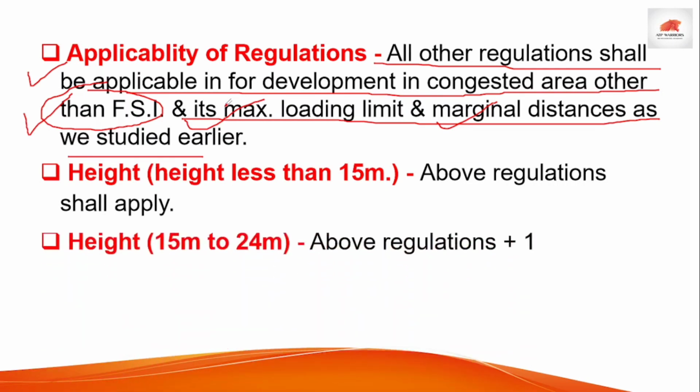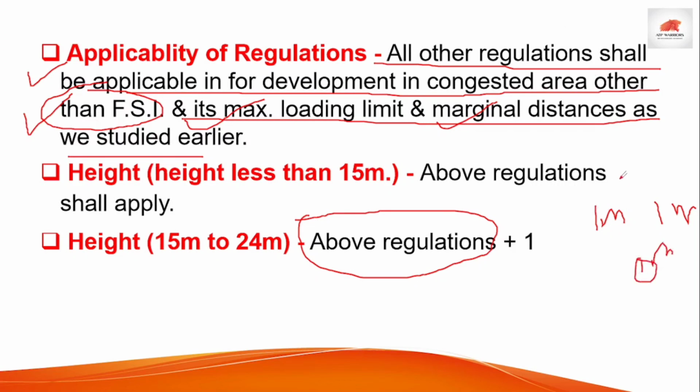And for heights of 15 meters to 24 meters, the above regulations apply with an addition. Suppose you are allowed to keep 1 meter side marginal distance and rear marginal distance for plot areas of 1000 to 4000 square meters, right?